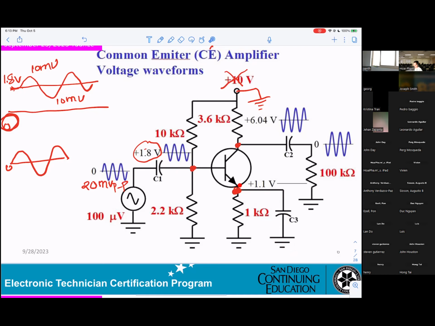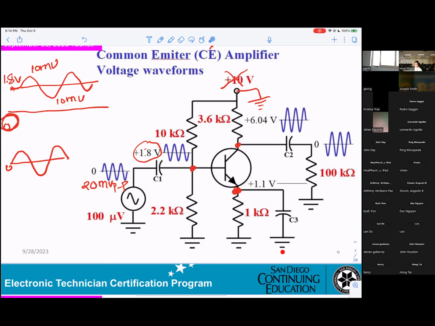When you measure here, 0 AC, that's why it has to be shorted to the ground. So you cannot see this signal at this point. You see here, you don't have a sine wave. That means C3 is shorting it.